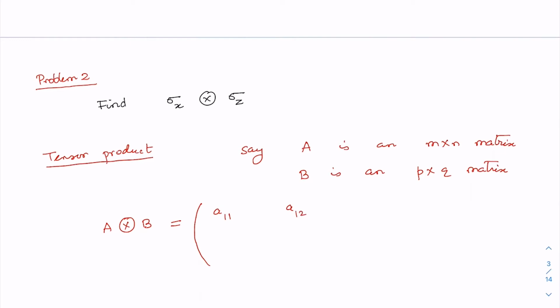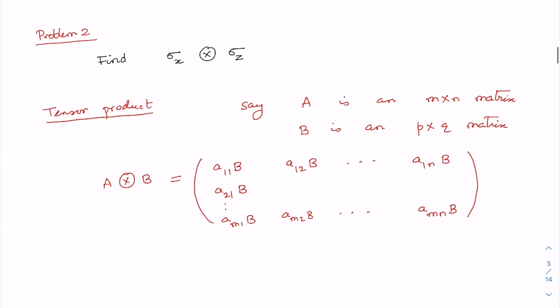Each element would be multiplied by the matrix B, so here you will have A11 B, A12 B, and this way up to A1n B. Similarly, going down the column, we'll have A21 B, A m1 B, A m2 B, and so on, and finally here we'll have A m n B. Okay, so this is what we have. So let us apply it to our problem.